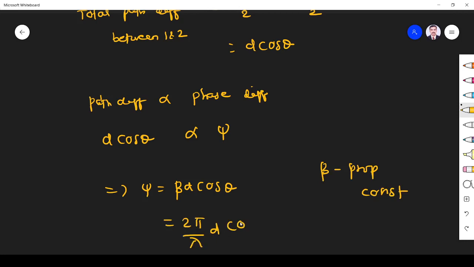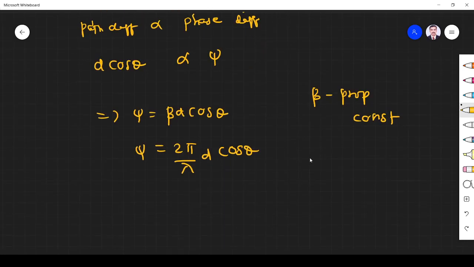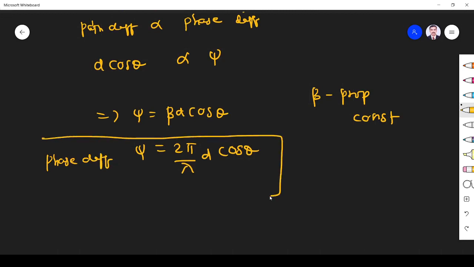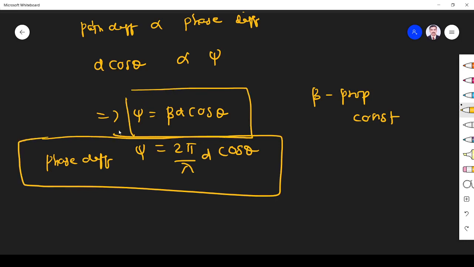So psi is 2 pi by lambda into d cos theta. This is the phase difference. Psi is a phase difference, or you can say psi is equal to beta d cos theta.